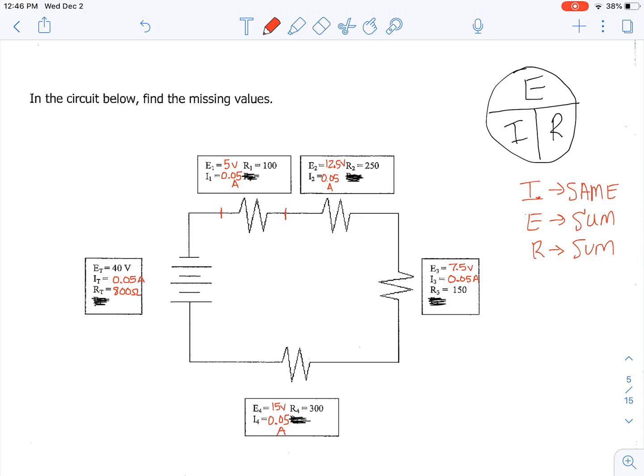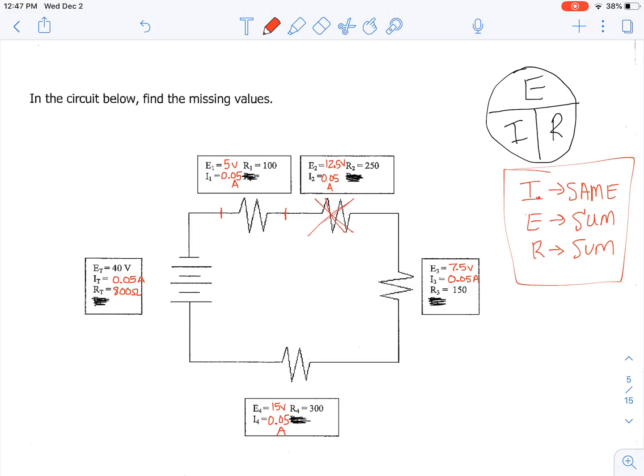Okay? All right, so like I said, series circuits are really easy to calculate because these 3 rules are very straightforward and simple. And Ohm's law is also straightforward and simple. But series circuits are not really used in our homes anymore because of their limitations.